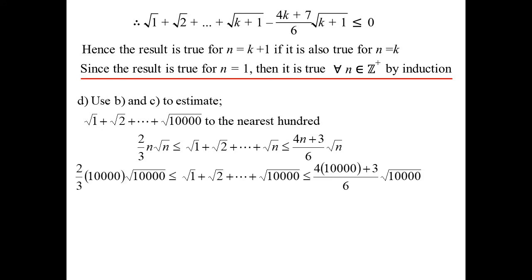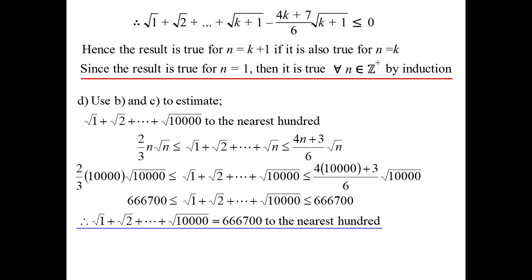If I sub in n equals 10,000, let's work out what those two end expressions are to the nearest 100. And something lovely happened. They both turn out to be 666,700. So if it's between 666,700 and 666,700, it's fair enough to deduce that the sum must equal 666,700 to the nearest 100.